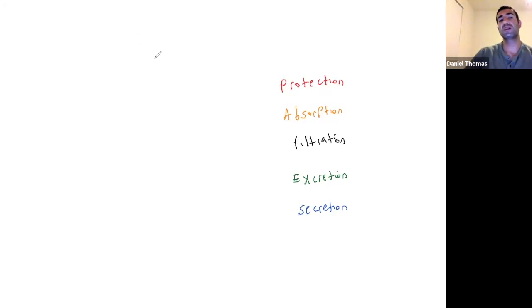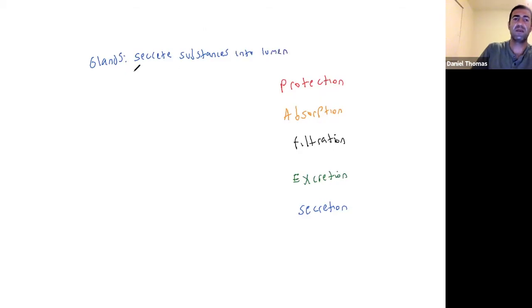We're not going to get into too much of that, but one type is glands that secrete substances into a lumen or the surface of the body.